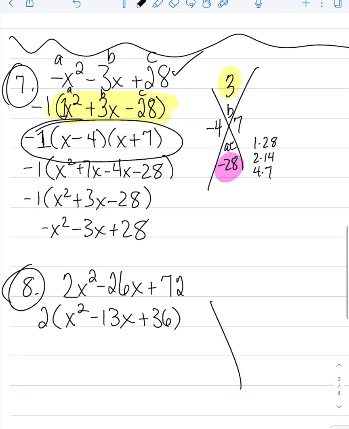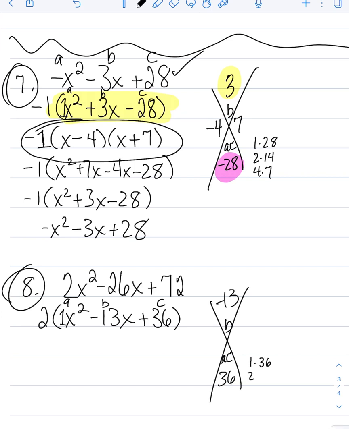Now I can say Magic X has your back. You don't have to write the BAC every time. I'm just doing that so you can see where I get the numbers that I use. All right, so here's my A, which is 1, my B, negative 13, and my C, which is 36. So I'm going to put negative 13. A times C is going to be 36. Now let's get our factors of 36 and see which ones add or subtract to give us negative 13.